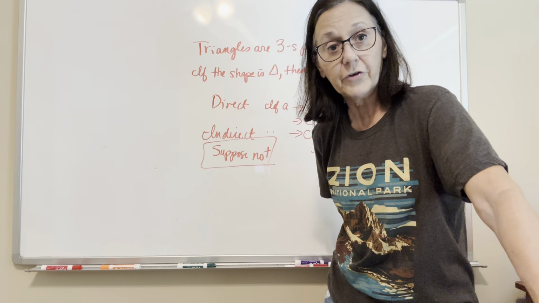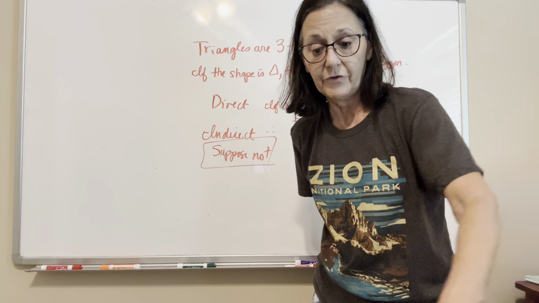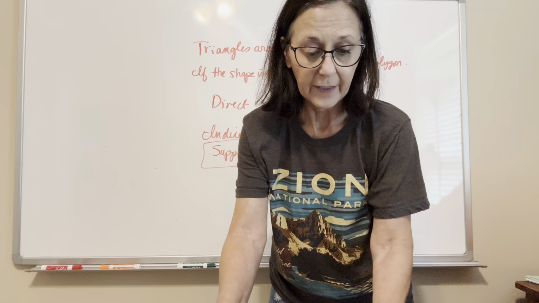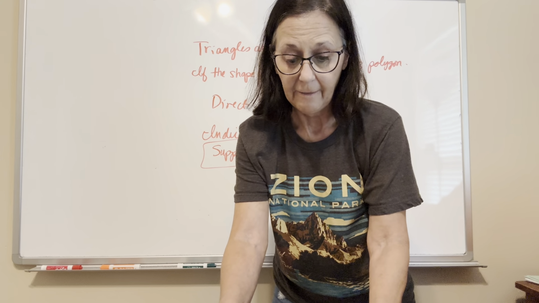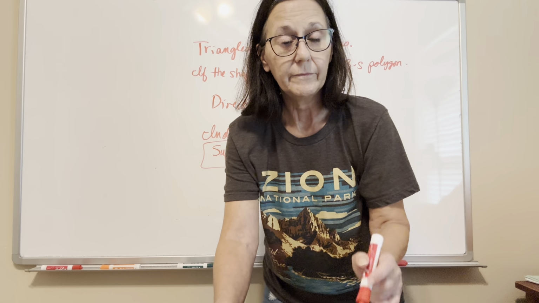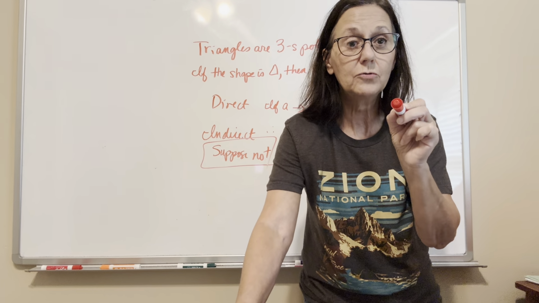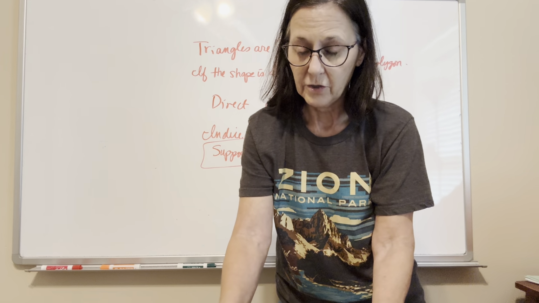Your review for chapter 2 is a very good review, but I would also go back in the chapter and look at problems that you worked. And remember what I told you, how to differentiate between an acute triangle and an obtuse triangle.